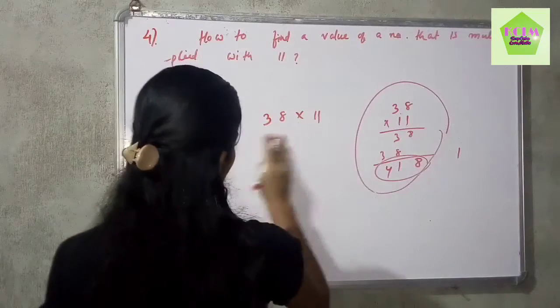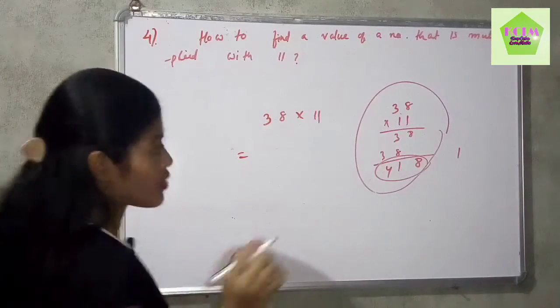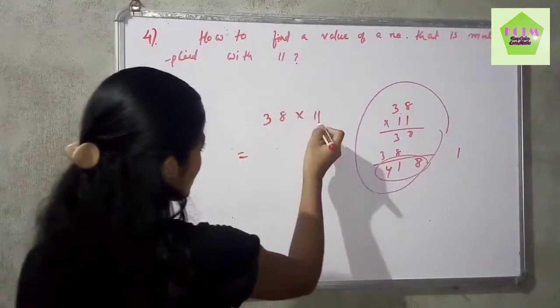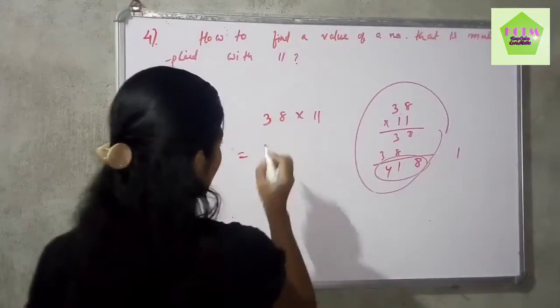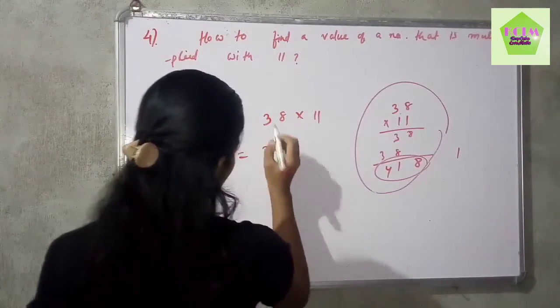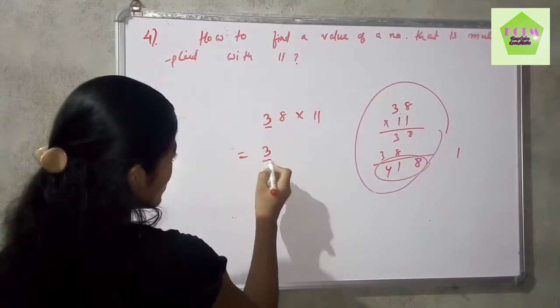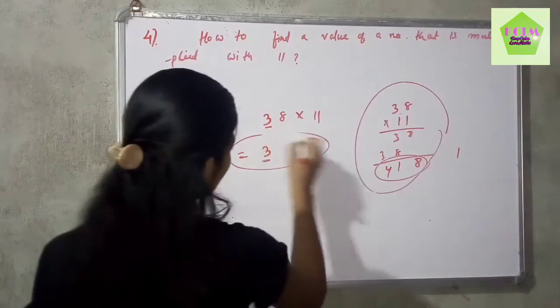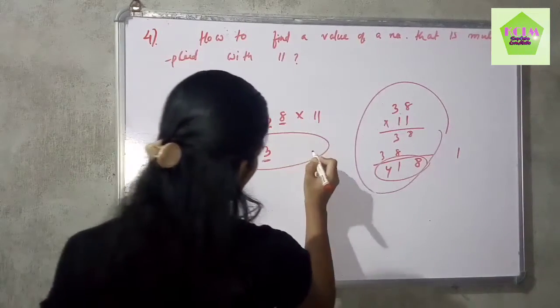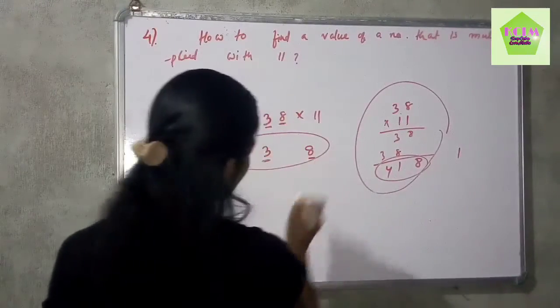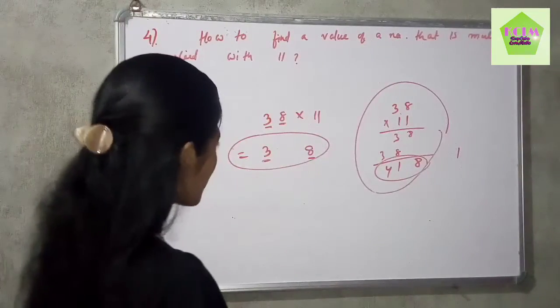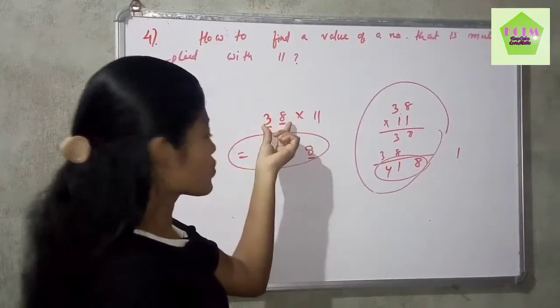So the short trick is, whenever we have to multiply a number with 11, you first take the first digit of this number as the first digit of the result, and the last digit of this number as the last digit of the result. Then you have to add these two digits.